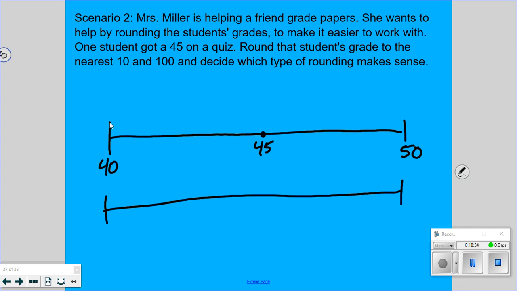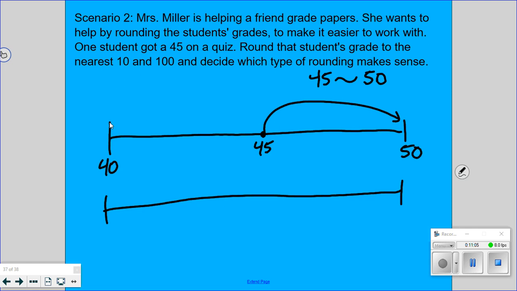That's what I got. So what do I do? Because it's exactly in the middle. Evelyn, what do I do? Yeah, it's just the rule. It's exactly stuck in the middle, so when we have something exactly stuck in the middle, we go up to 50. So 45 is about 50. You should have that written somewhere on your paper, Zach.